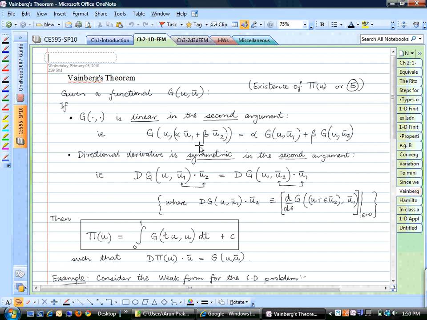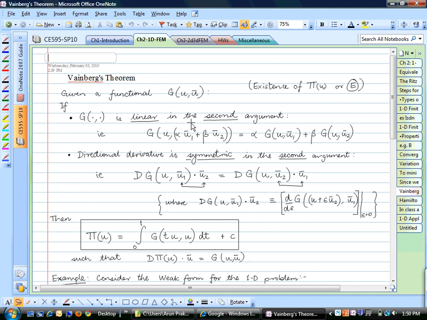And if this quantity can be expressed as alpha, which is some scalar, times G of u and virtual displacement 1, plus beta, another scalar, times G of u and virtual displacement 2, then this is nothing but a statement of linearity of G in the second argument.